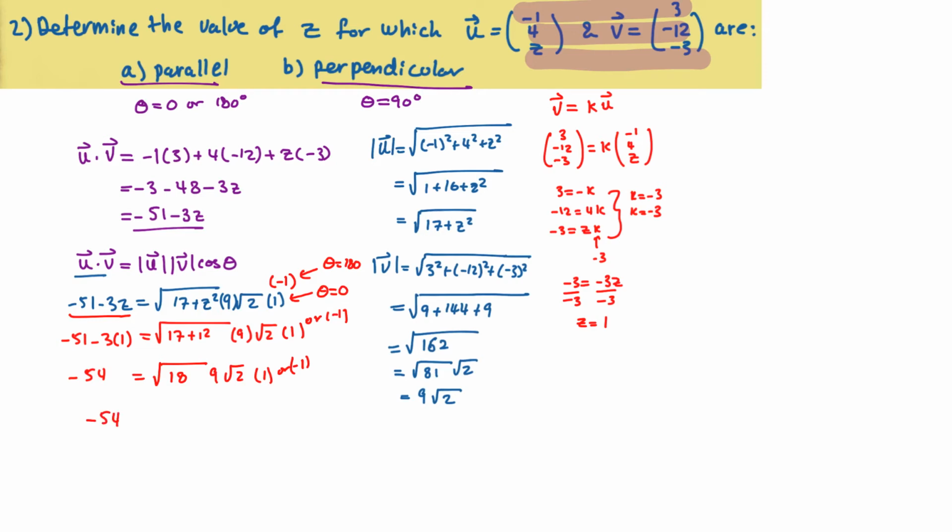So the left side is going to be negative 54. Root 18 times root 2 is root 36, times 9 times 1 or negative 1.